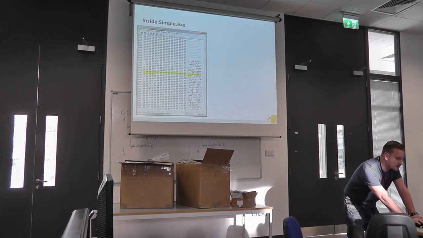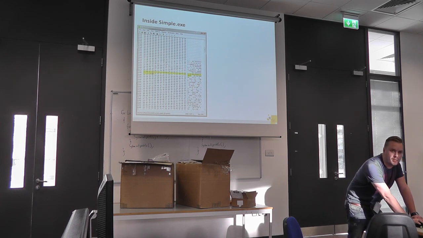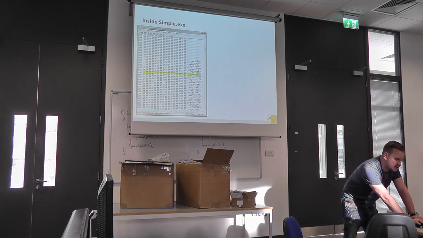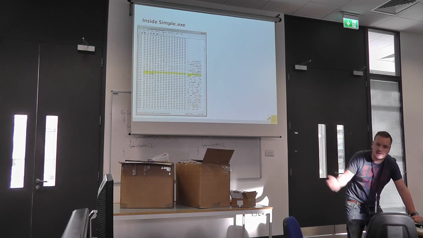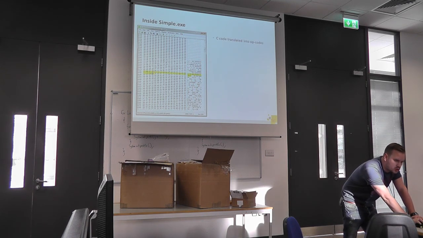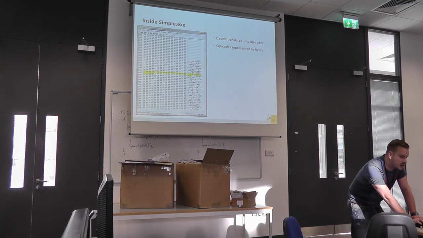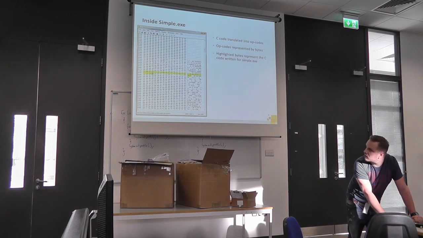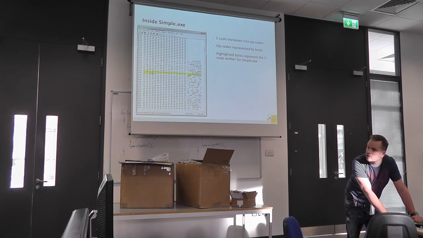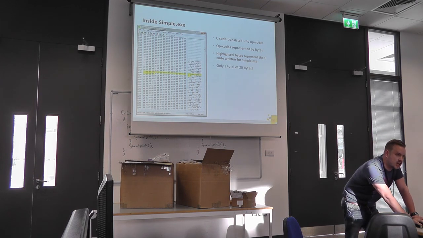When you create any file from source code, it gets written to disk, and you can open a file viewer and it'll look something like this. Code is translated into opcodes, which are represented by hexadecimal bytes. The highlighted code here is only about 20 bytes, and that's the representation of the C code that you wrote.